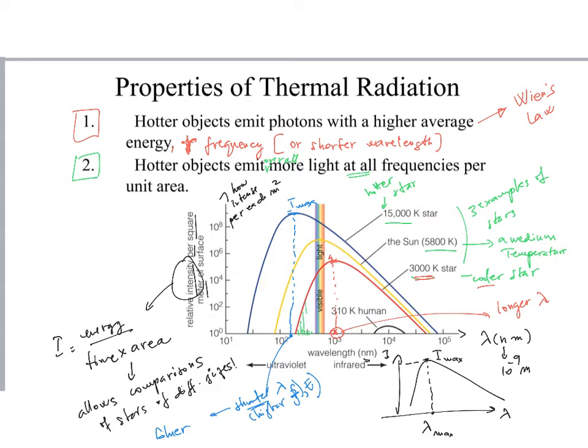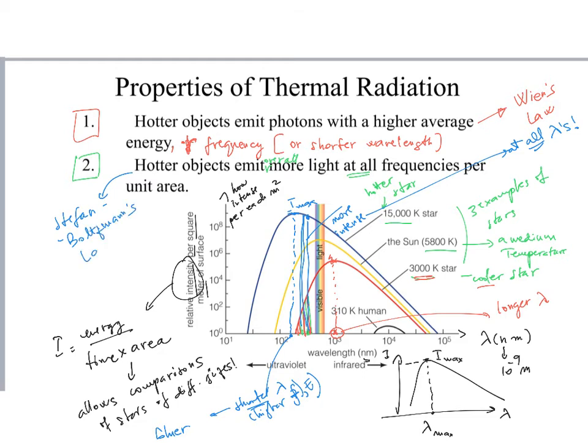Look at the intensity at the same frequency. What happens to the really hot star? Much more intense at all wavelengths. This is the Stefan-Boltzmann law. So we have 2 laws.